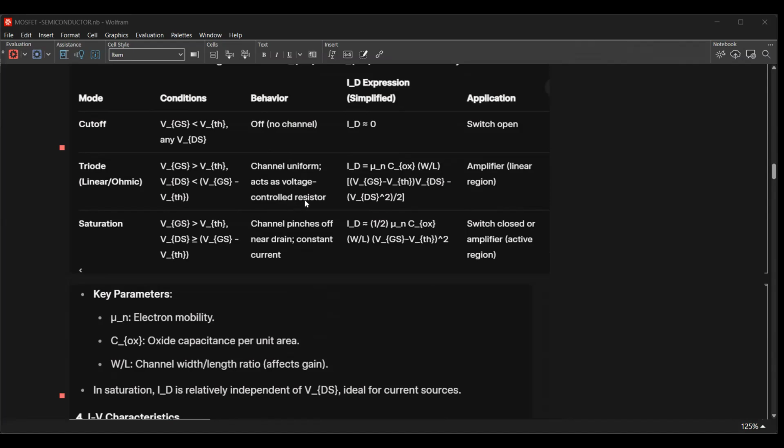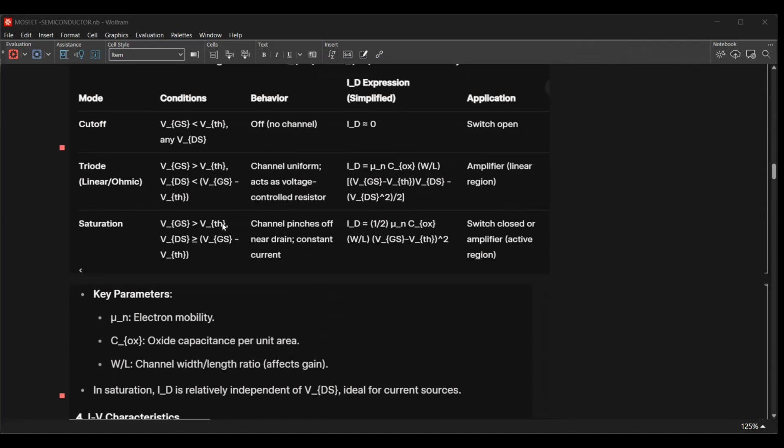For the ID expression, this is the drain current: electron mobility times oxide capacitance per unit area, then the W over L ratio, multiplied by VGS minus VTH, multiplied by VDS, minus 1/2 of VDS squared.